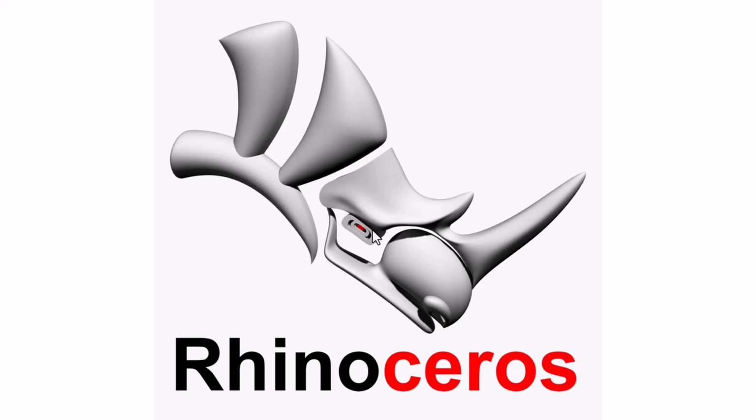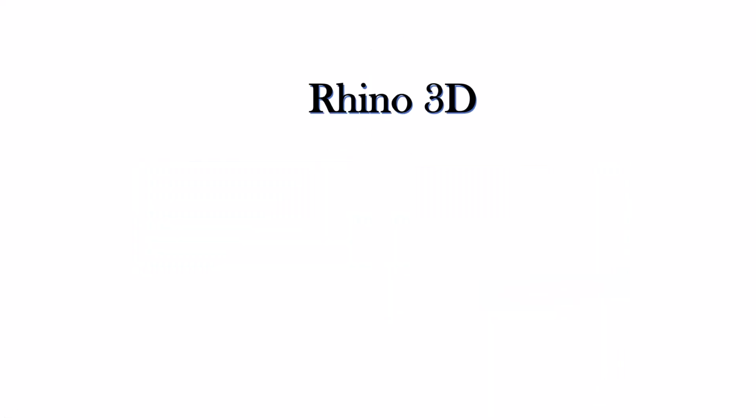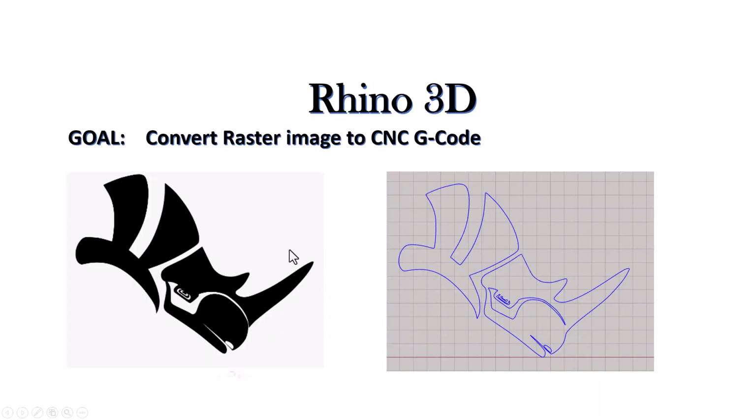Today we're going to use our Rhino and Grasshopper to show you one more thing, how to make a G-code inside of Rhino. So we'll start off with Rhino 3D. Our goal is to convert from a raster image to a G-code.